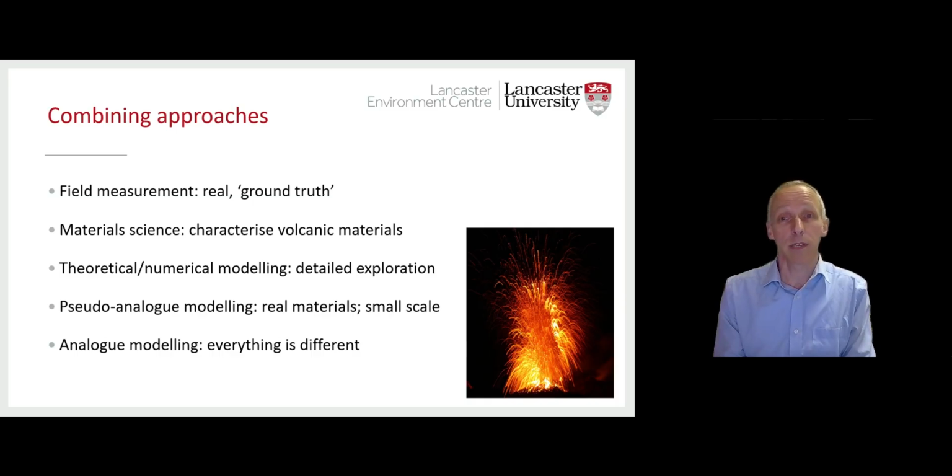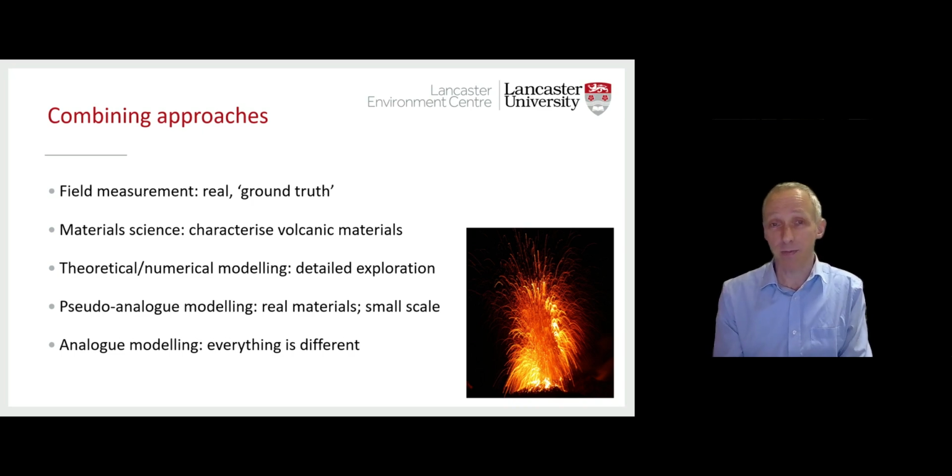Analogue models can be useful, but they need to be very carefully scaled. Nevertheless, they can allow us to assess whether we have incorporated all the appropriate physics and chemistry within a theoretical or a numerical model. For the most robust conclusions, these independent approaches should all provide similar results.